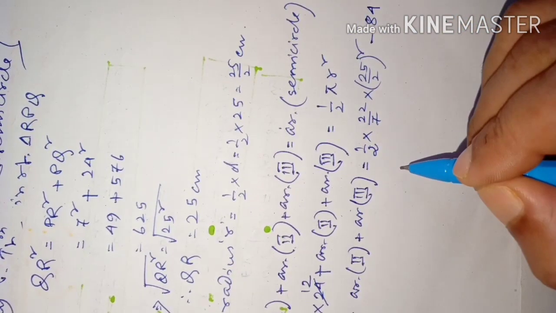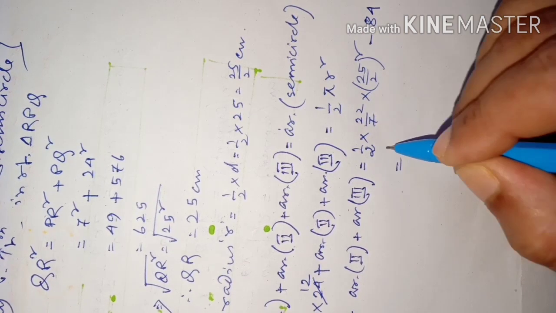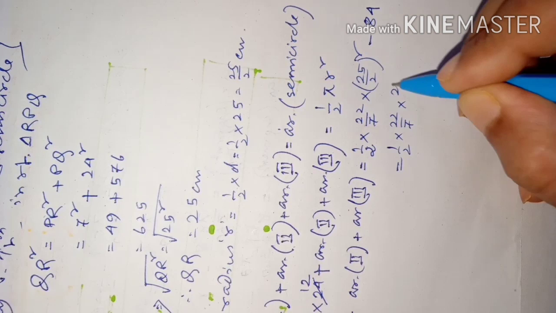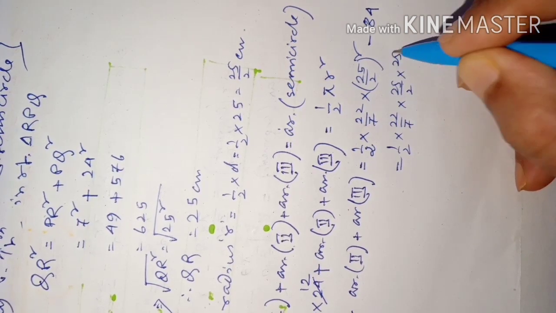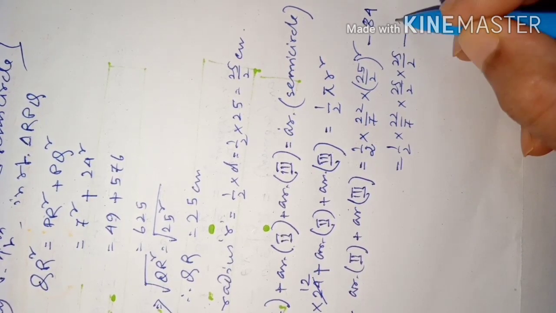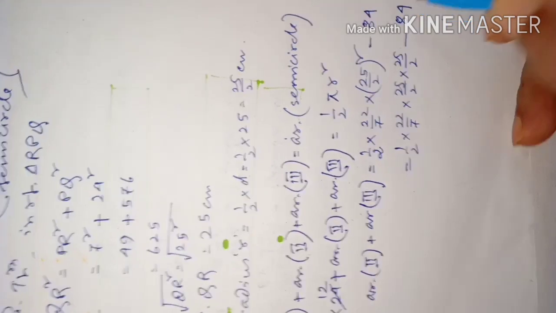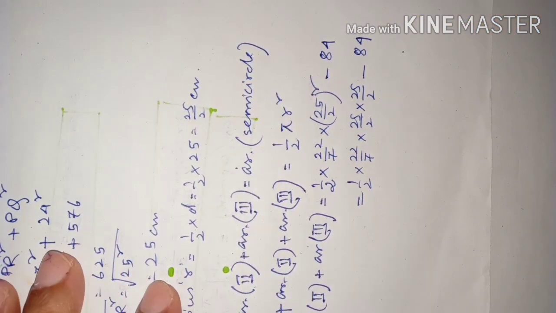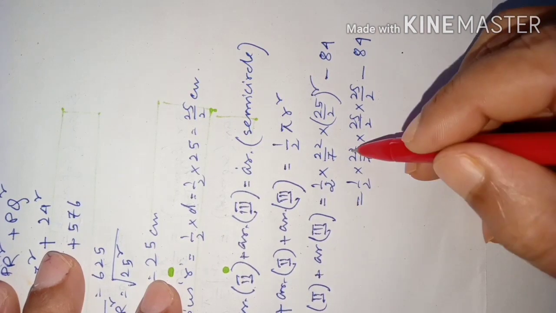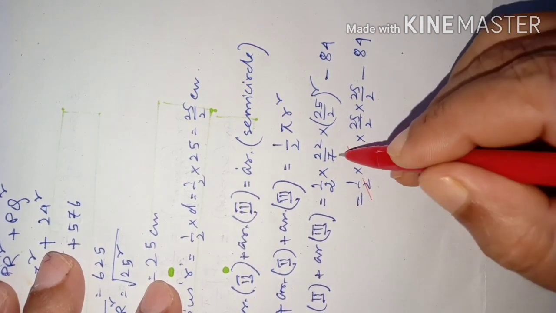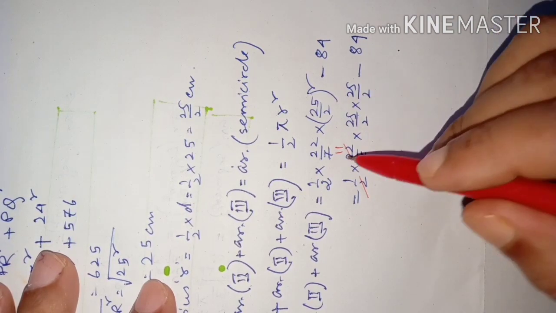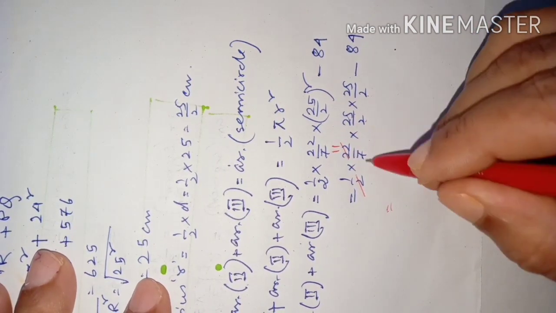So students, you open this bracket now. 1/2 into 22/7 into 25/2 into 25/2 minus 84. So if we cancel now this 2 and this 22, we can cancel. 2 into 11, and 25 into 25 is 625 into 11, and here 2 into 4, 4 7s are 28.